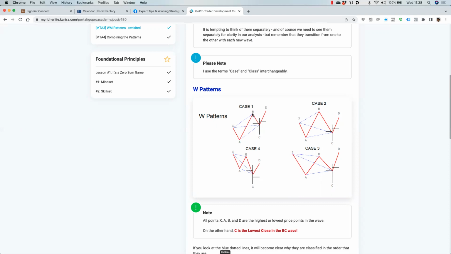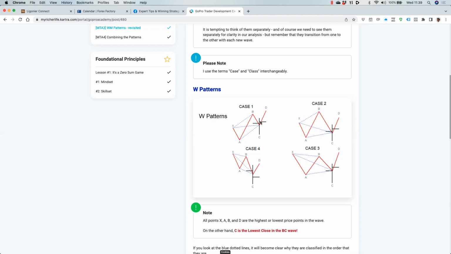We also then had wave BC, which gives us point C coming down and closing above X. In other words, we did not get a close inside or below X in this case. And once that wave came to an end, it means that it was a W pattern, giving us that as our point C, and therefore D would be floating at any point over here.